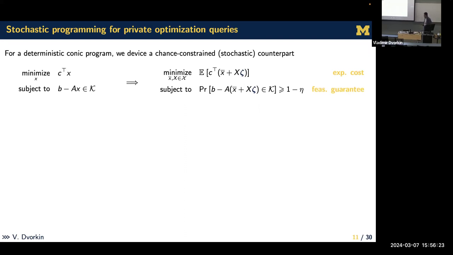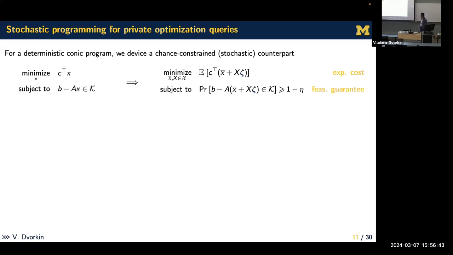What it's doing? It inherits the structure, the objective function and set of constraints, but instead of optimizing a single vector of decision variables, it optimizes the linear function of a perturbation.